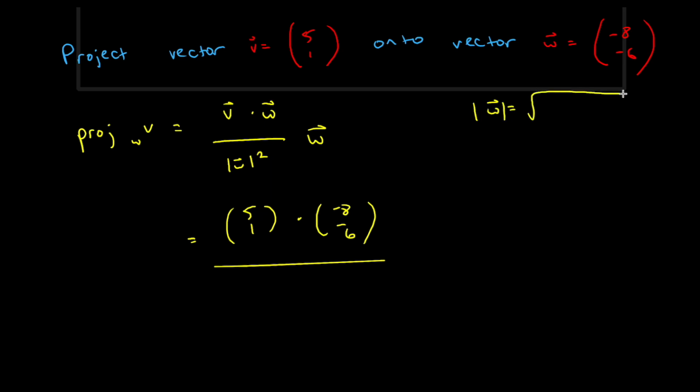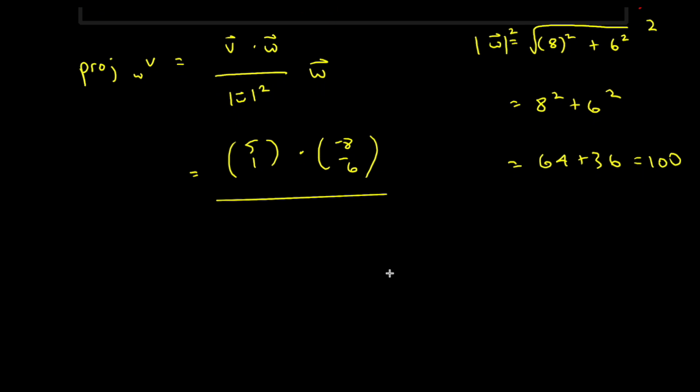First we'll just do this: it is equal to negative 8 squared, I could just say 8 squared, plus 6 squared, all squared, which is just 8 squared plus 6 squared, which is 64 plus 36, which is 100. You could have also noticed that this is a Pythagorean triple, 8, 6, 10, which is just 3, 4, 5 scaled. But yeah, so that means our denominator is 100, and we have our w, negative 8, negative 6.